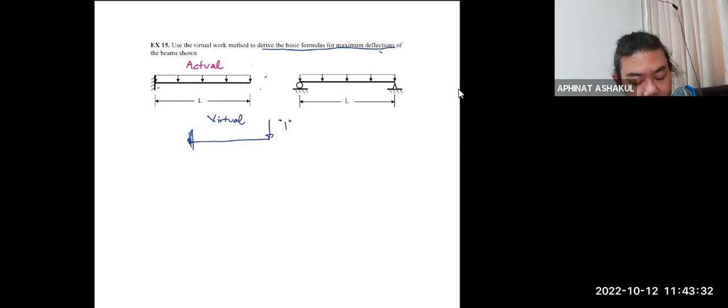Right. Let's take care of the actual load case. The easiest way to write the moment equation in this case would be to start from the free end because everything is zero, right?